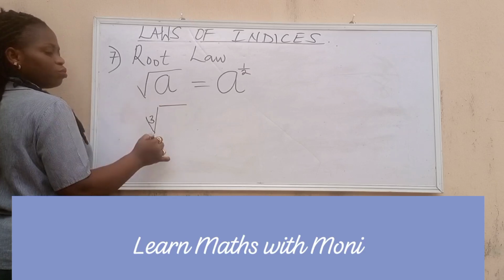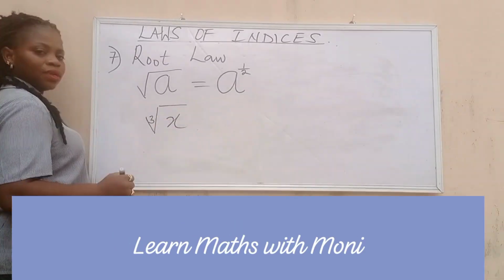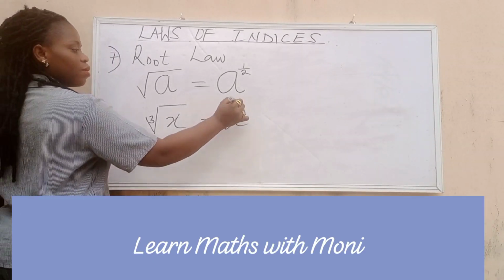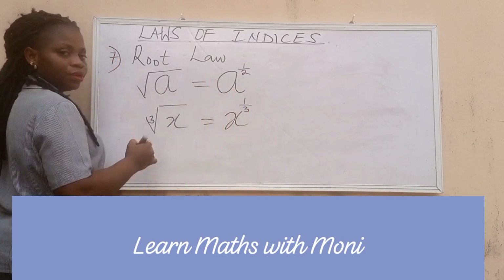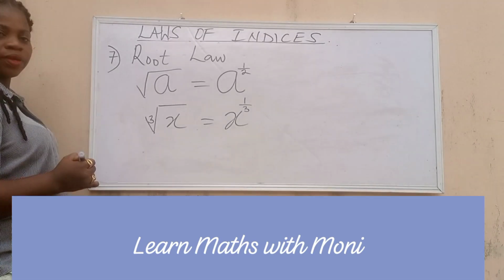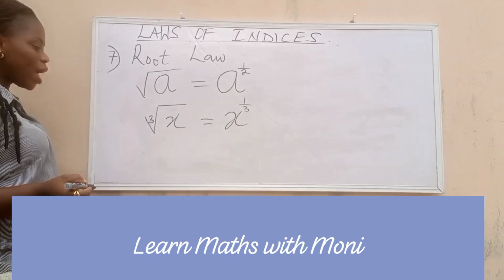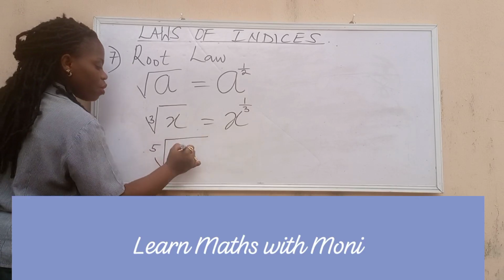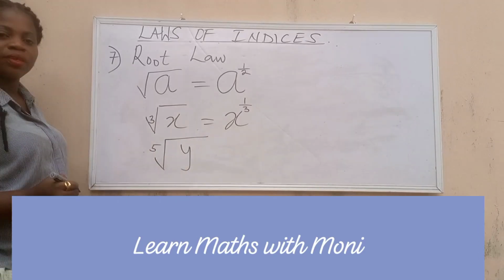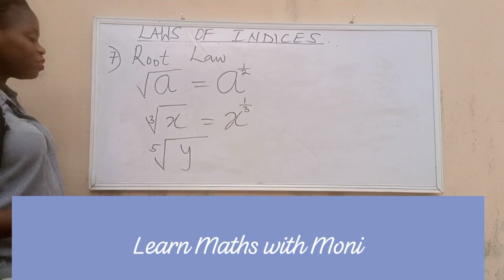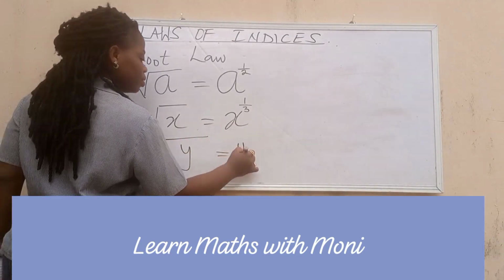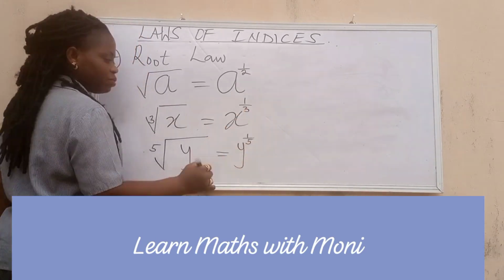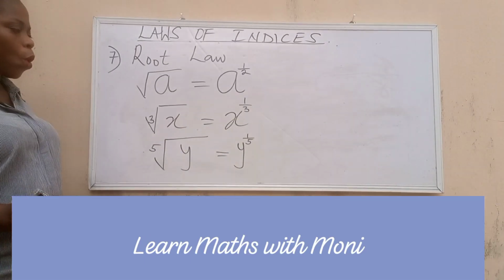The cube root of x is x raised to power 1 over 3. I can as well have the fifth root of y. That will just be y raised to the power of 1 over 5. That is the fifth root of y.